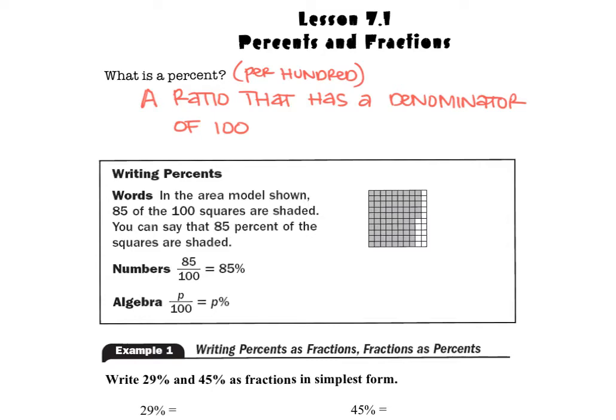But a percent is a ratio that has a denominator of 100. So if we say 85%, like we see in this picture, that would be 85 out of 100. Or we can also think, 85 divided by 100 would be 85%.